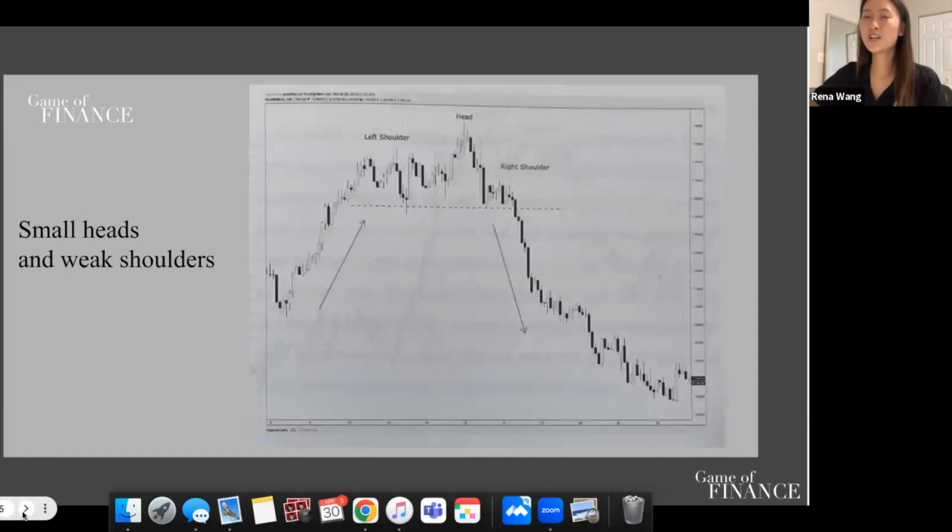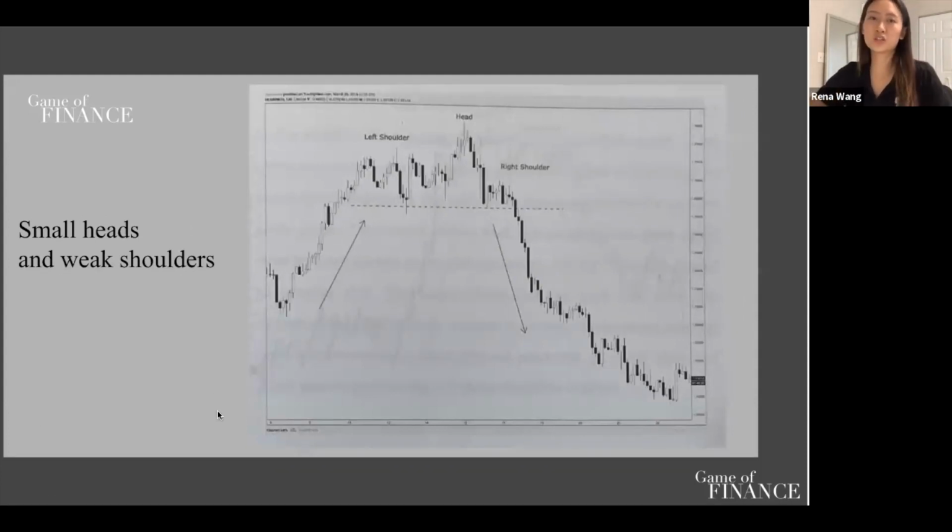All right, so this image just illustrates that the move up into the head is short and the right shoulder is barely developed, which further indicates the trend reversal and the sell-off foreshadowed by those characteristics.